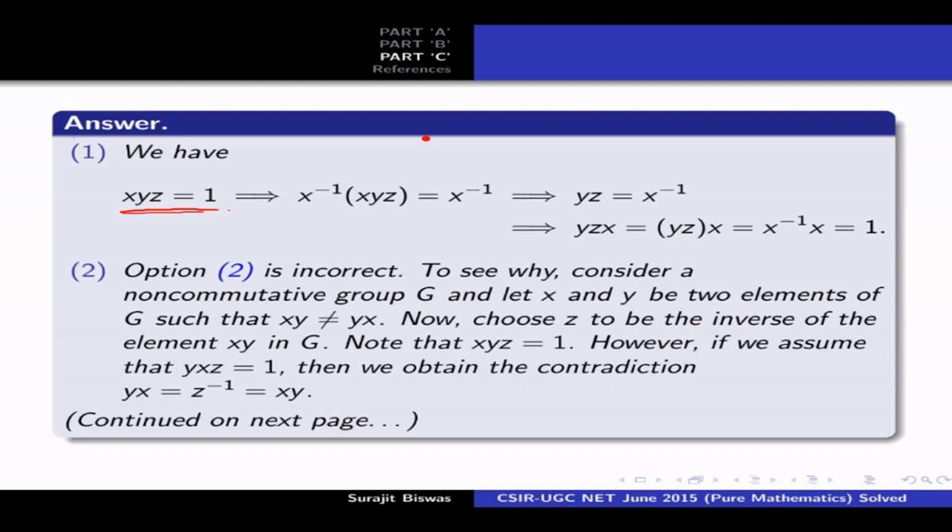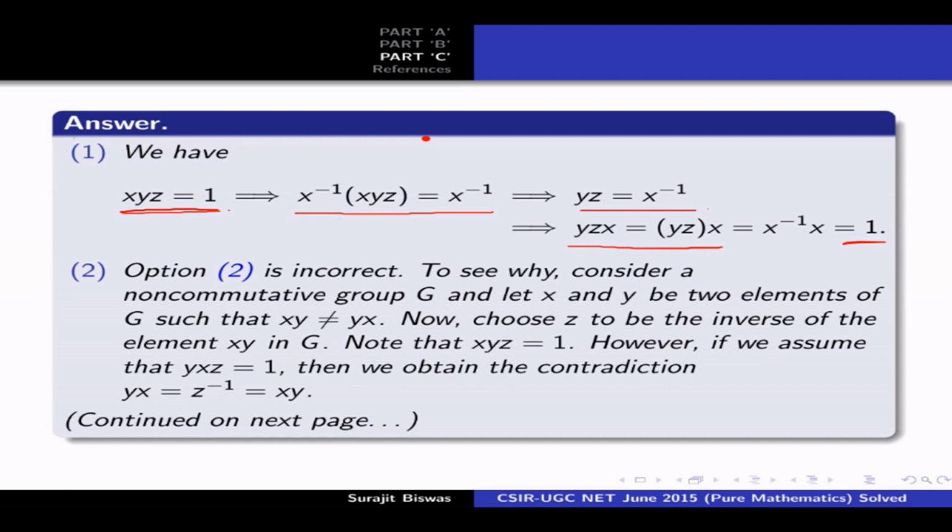We have xyz equal to 1. From the left, if we multiply by x inverse, we get yz equal to x inverse, and then by multiplying by x from the right, we have yzx equal to 1. So option 1 is correct.